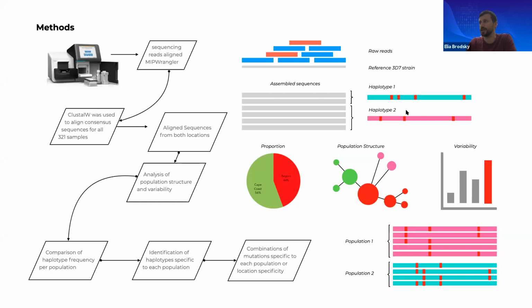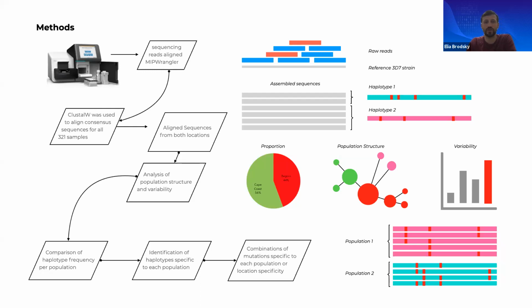and then from looking at all of the possible variations, creating these haplotypes. The haplotypes in this case refer to assembled sequences that contain multiple mutational signatures, which means that they contain specific mutations that occur together, right?